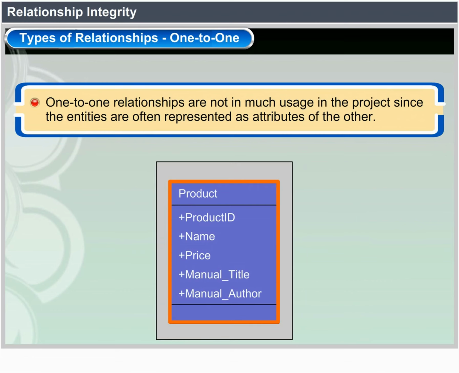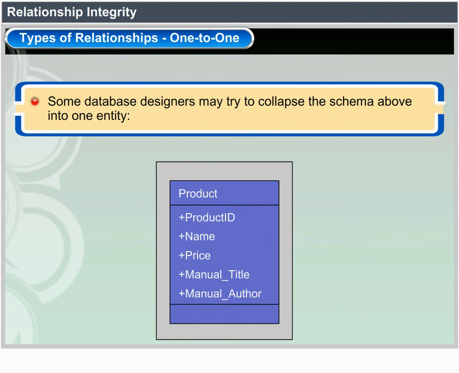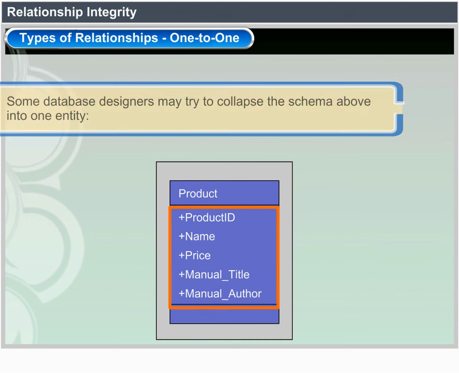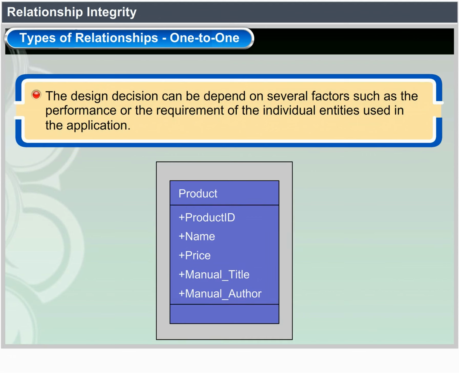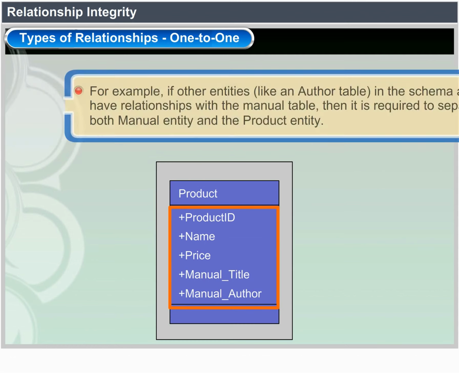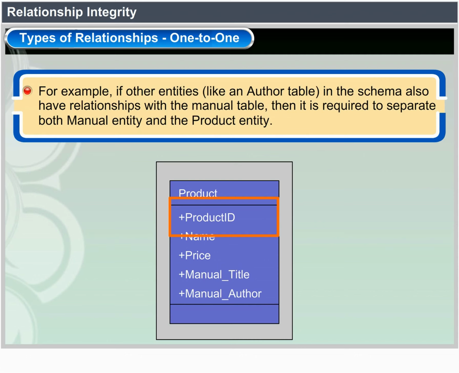Some database designers may choose to collapse the schema above into one entity. Such a design decision would depend on several factors, such as the performance or significance of the individual entities within the application. For example, if other entities, like an author table, in the schema also have relationships with the manual, then it is probably best to keep the manual entity separate from the product entity.